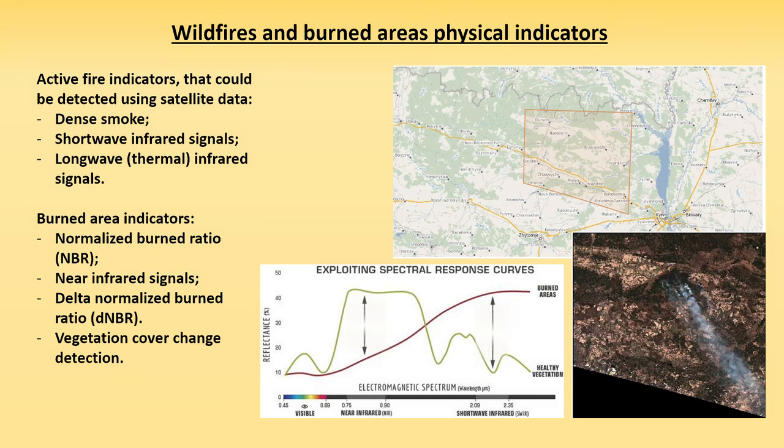The most common features are the normalized burn ratio, which uses near-infrared signals that represent vegetation condition, and the normalized burn ratio difference, represented as the difference between pre-fire and post-fire NBR indices, for vegetation cover change detection.